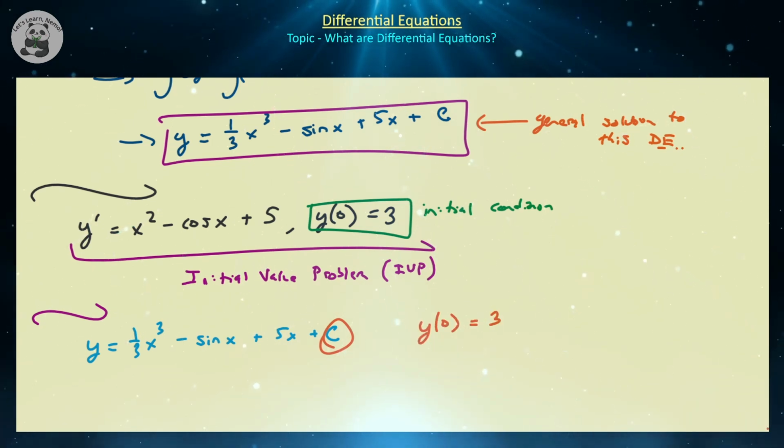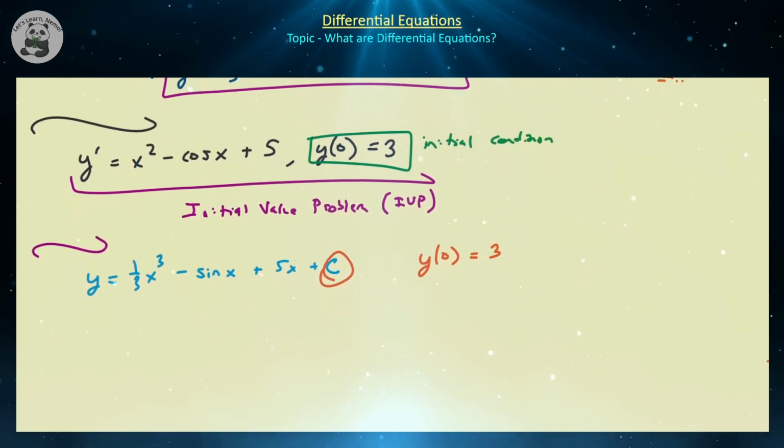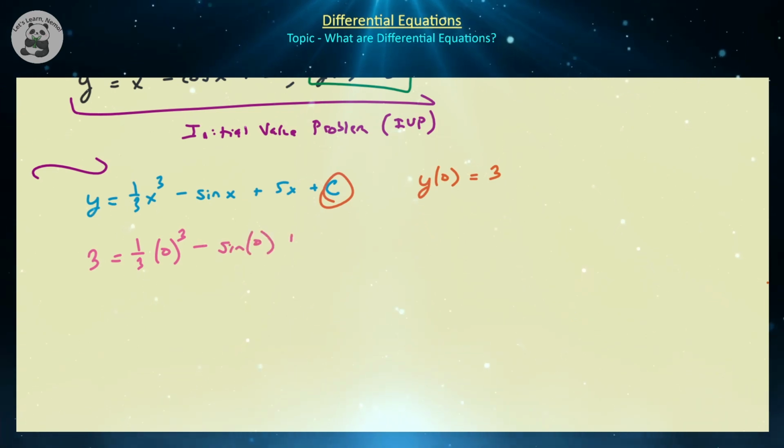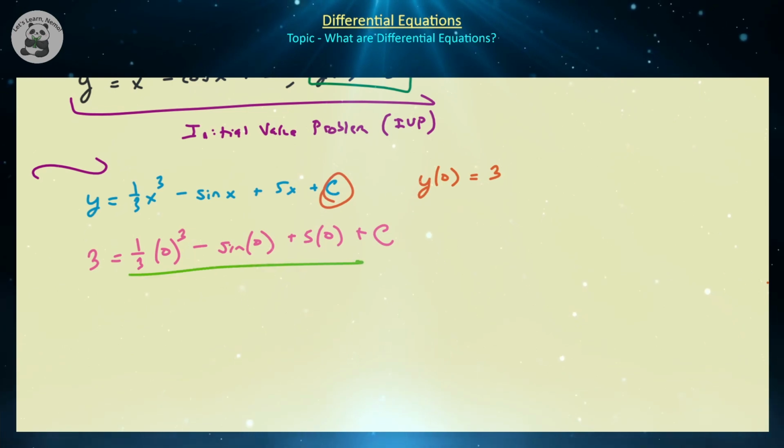So when x is equal to 0, what is the associated value of c that produces a y value of 3? So when x is equal to 0, the rest is going to be 0. So you have 0 cubed, sine 0, 5 times 0, plus some unknown value c. Notice that this entire right-hand side except for the c is going to be equal to 0.